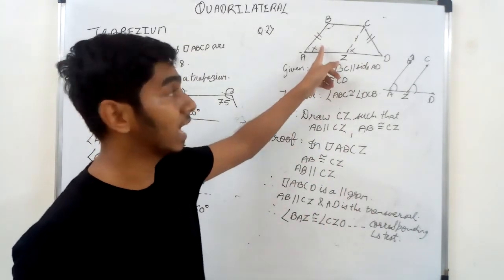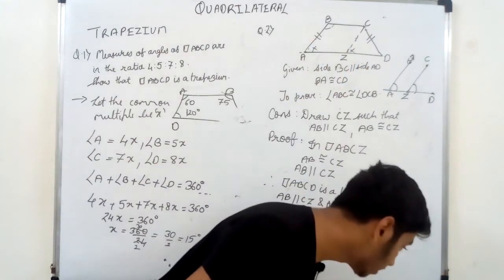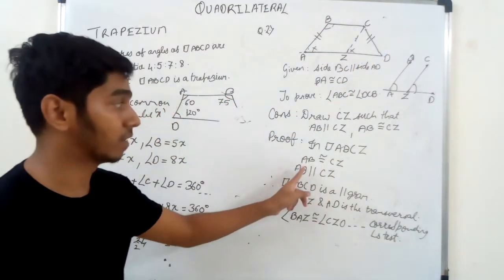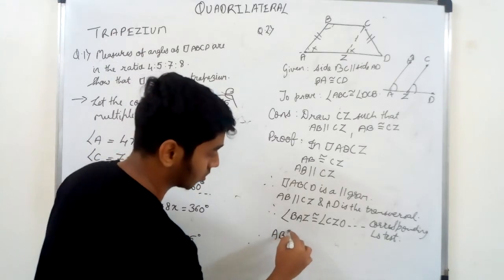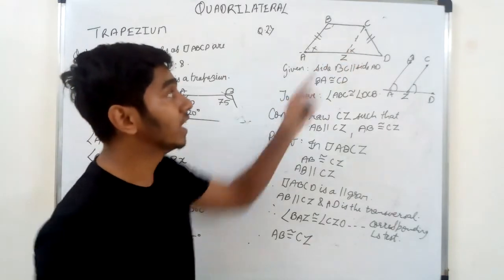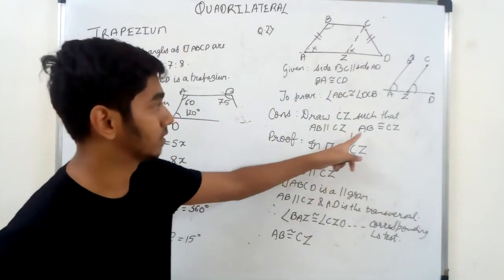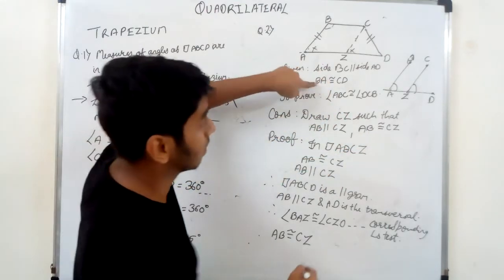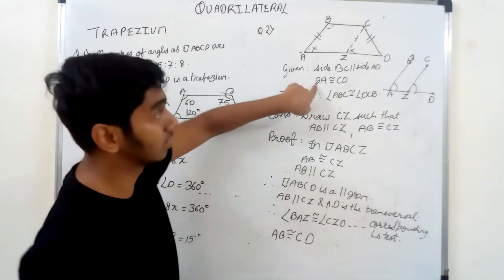So this angle and this angle we have got as congruent, but if you see the sides, AB is congruent to CZ, and that is the construction, and AB is congruent to CD, yes or no?